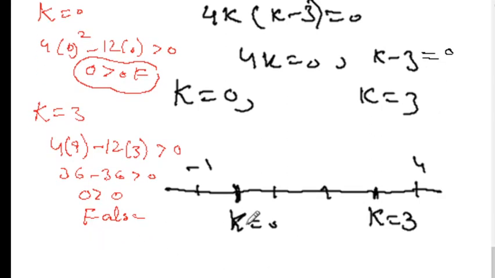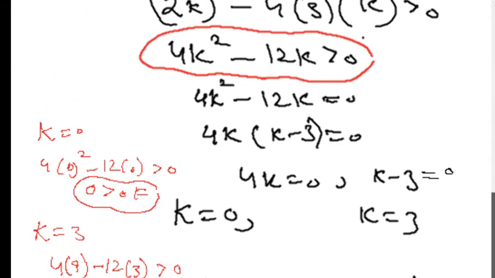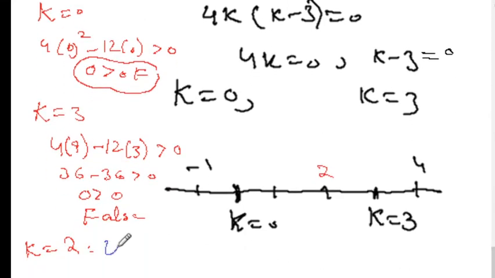What if we check the middle value, any value in the middle? I'm checking k is equal to 2. If you put k is equal to 2 here, look at the result now. 4k square minus 12k. So 4 into 2 square minus 12 into 2.